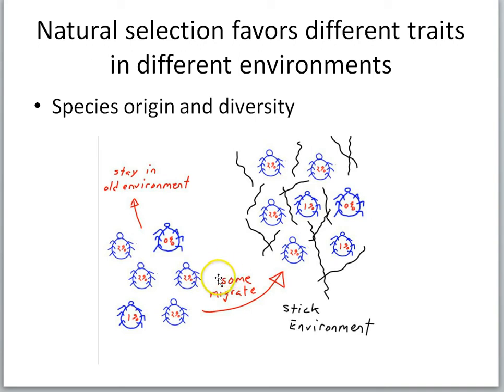And so natural selection will just tend to favor whatever traits will be best fit to whatever the current local circumstances are in the environment. And because there are so many different places to live and ways to make a living, natural selection has generated a lot of diversity in species.